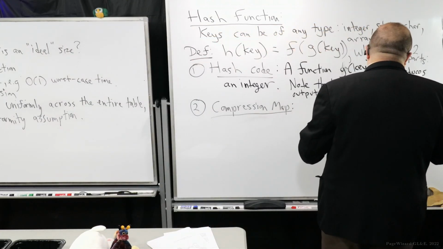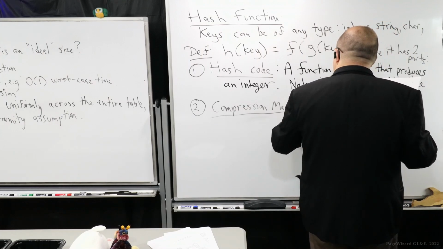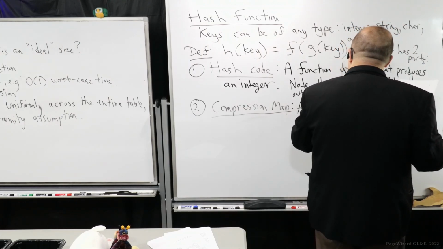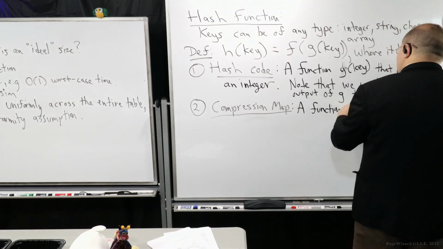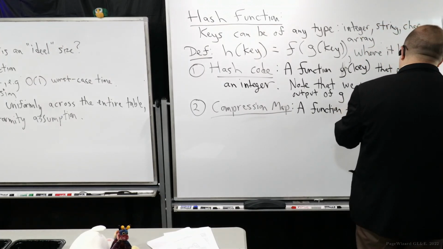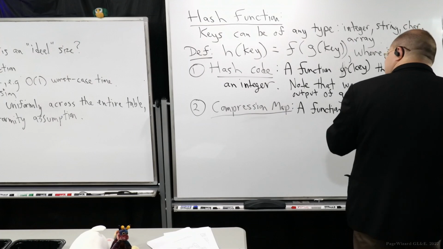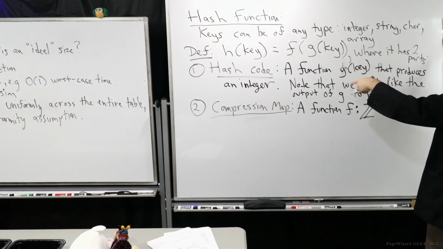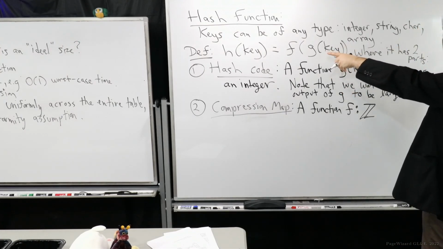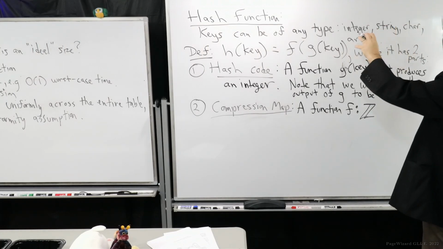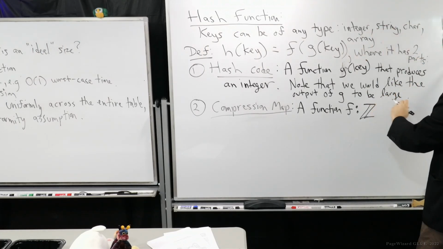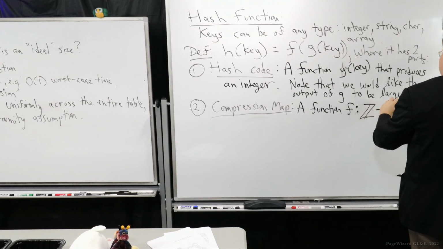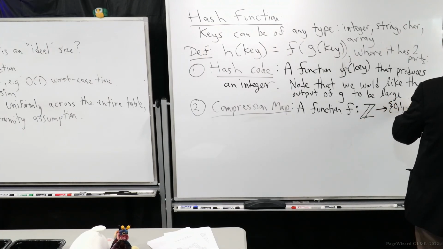Now next we have the compression map. This is just another function, I'll call it f. It takes an integer, so you can see where it gets the integer from. It gets it from here, hence why we have this as its definition. It gets an integer as input, and it maps it to a position in the table, so one of the slots in the table.